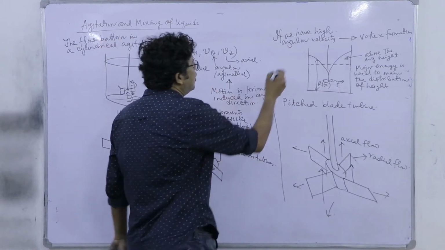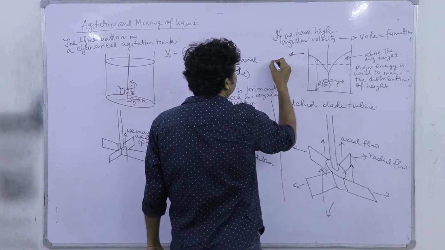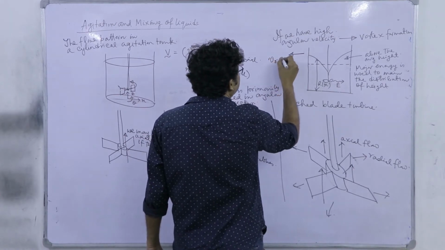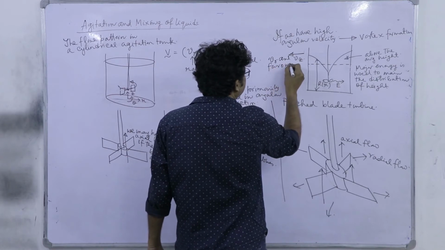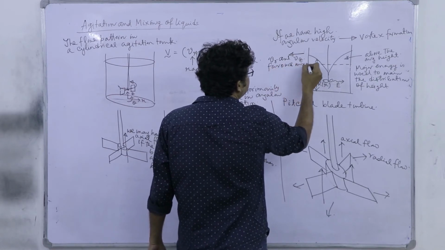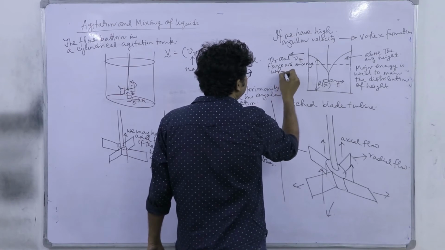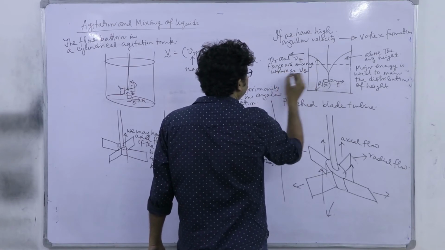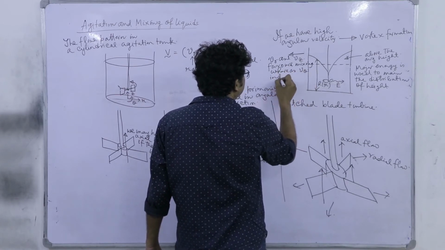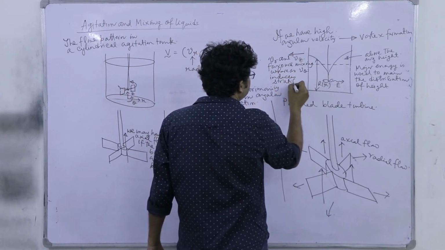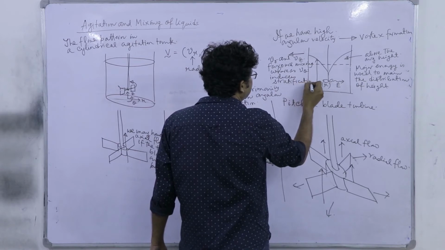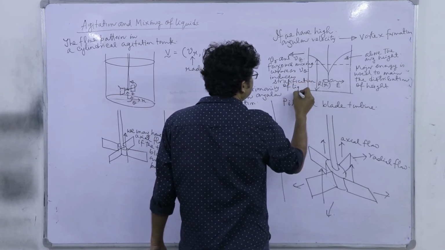So we have to note from this understanding that VR and Vz favor mixing, whereas V theta induces stratification of liquids.